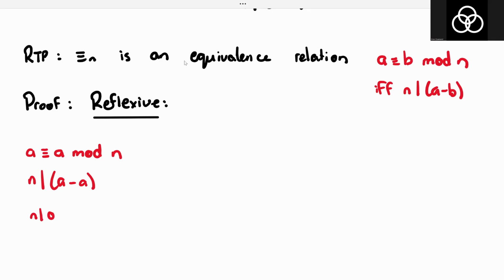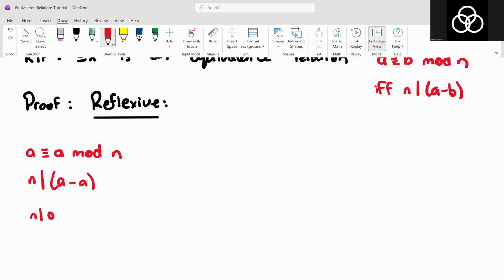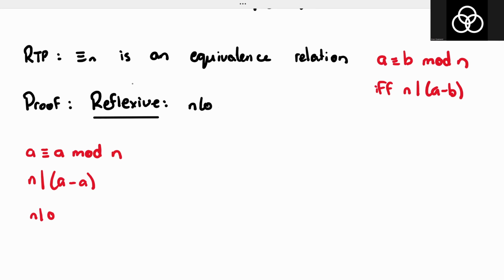So could we write maybe something like n times 0, 0 is an integer, is equal to 0. And of course, 0 is just A minus A, right? So A minus A is divisible by n.